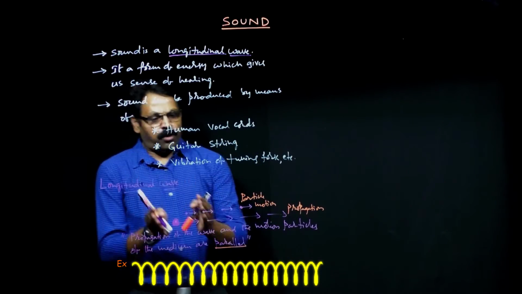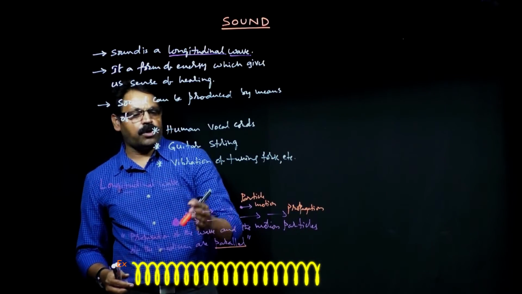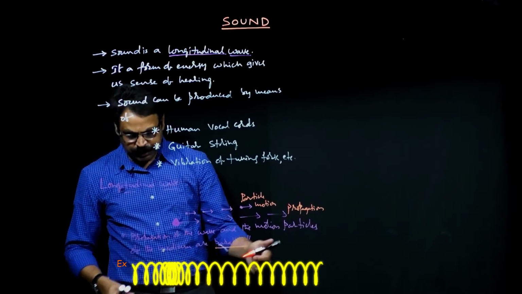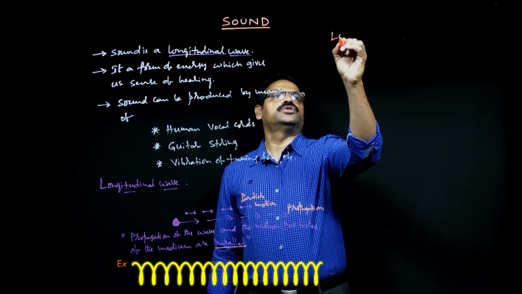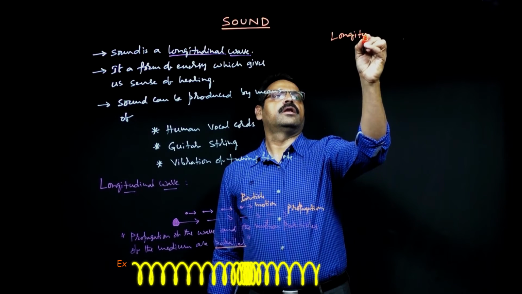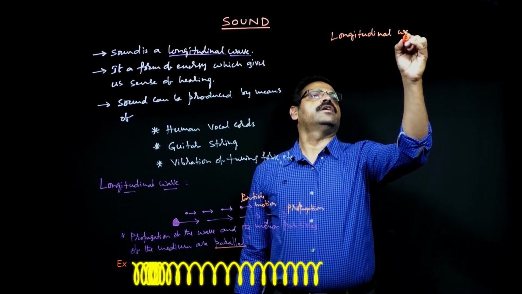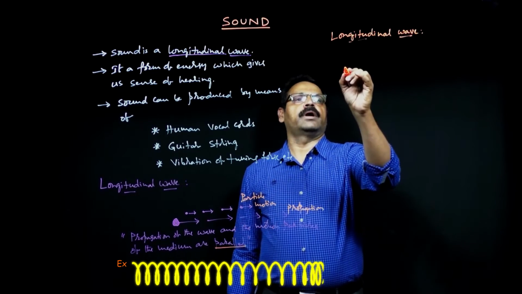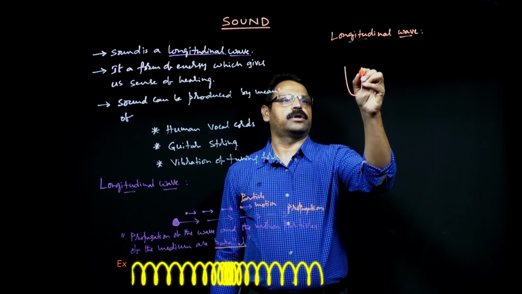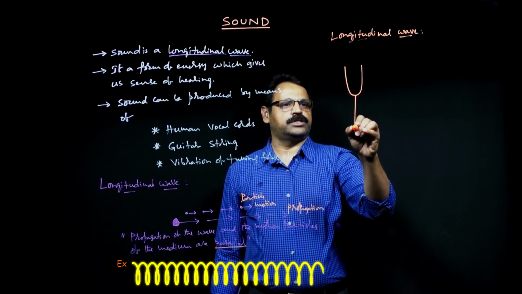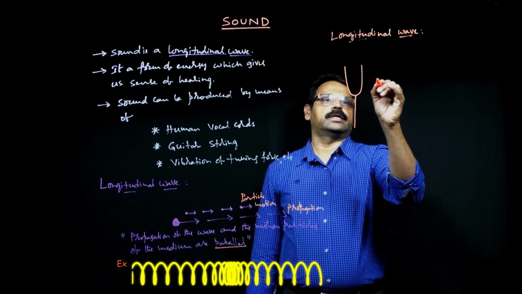How does this longitudinal motion look pictorially? Let us look at longitudinal wave propagation by means of a tuning fork. Let us say here there is a tuning fork and it is vibrated.